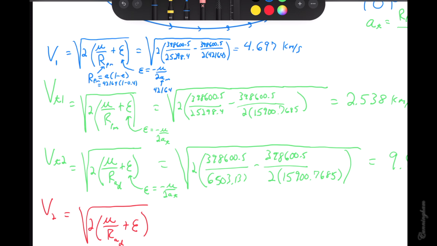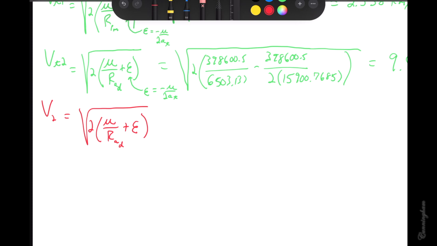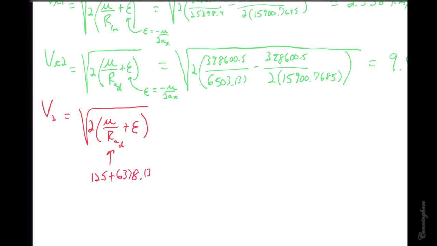There we go. Okay, so now let's see. We know what this is. This is that same value as before, the same value as VT2. And this is the epsilon that is different because now we've bled off the energy we need to stay in the disposal orbit.